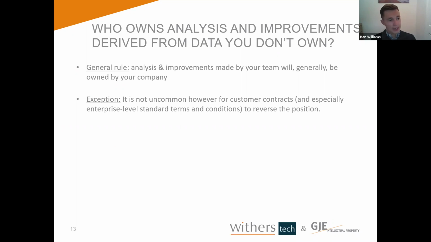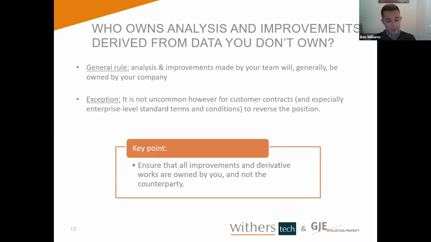So the key point here really is that whenever entering into a contract with a third party to get hold of data in the first place, that data is being licensed to you, make sure that all improvements and what's called derivative works are owned by your company and not by the counterparty, which is often the contractual starting point.